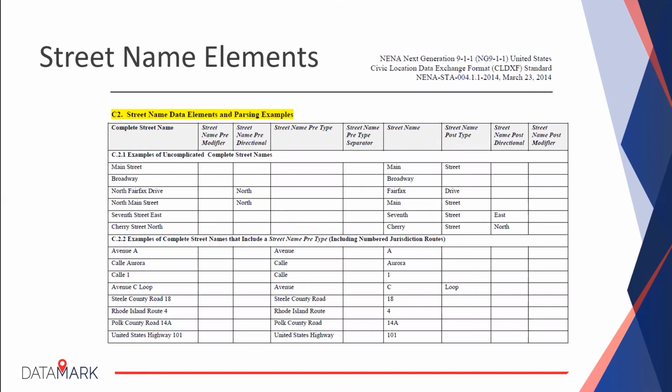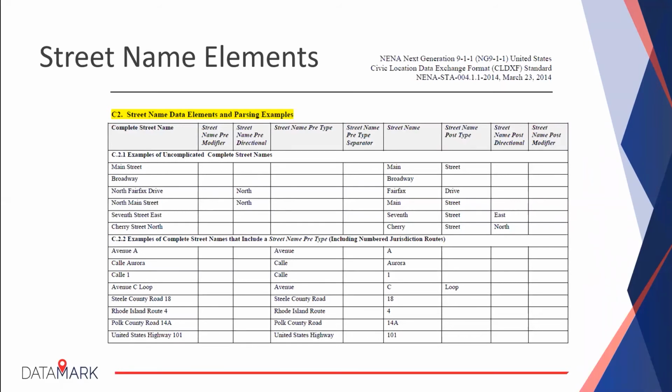An example of using a pretype separator would be my favorite example in Coronado, California, right along the beach. There's a road called Avenida de las Arenas, the Avenue of the Sands.